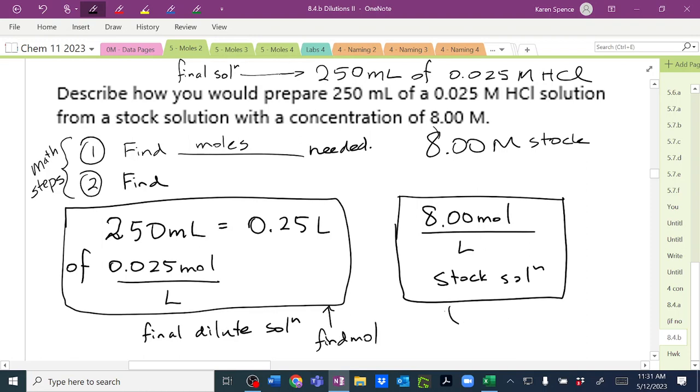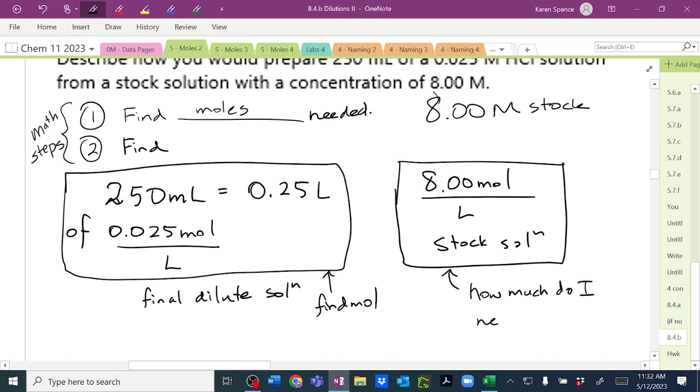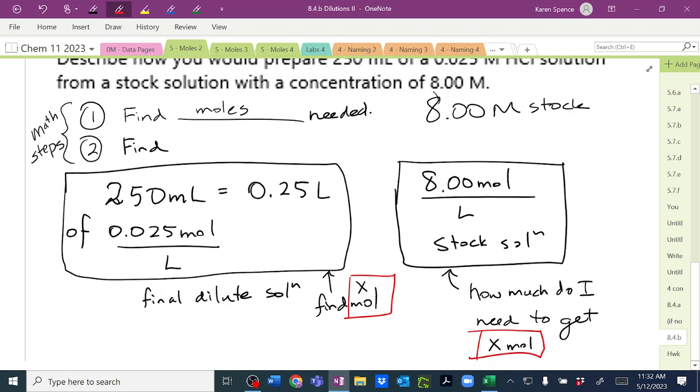But then I need to say, how much of this do I need to get X moles? And when I say how much, what would I mean? It's a solution, so when we say how much, we mean volume.